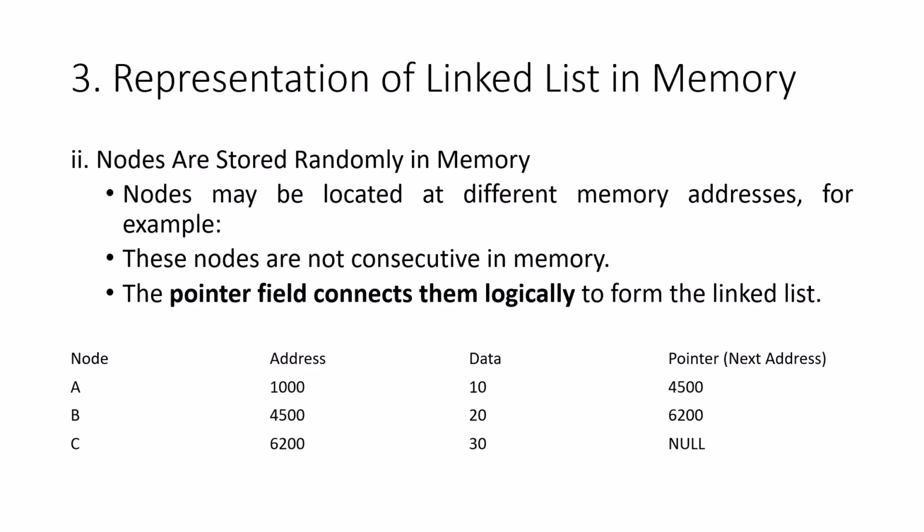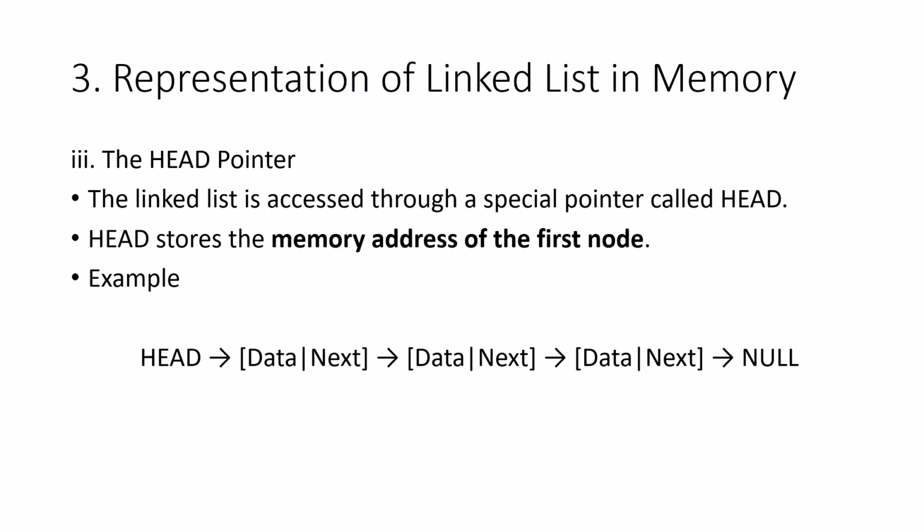The pointer of one node stores the address of the next node, and this creates a logical chain. In a linked list, we begin accessing the entire structure using a special pointer called head.